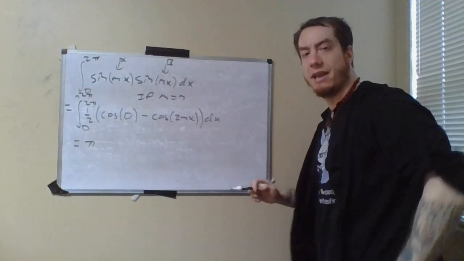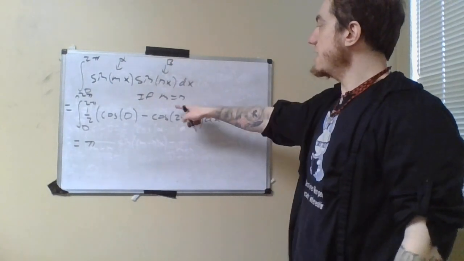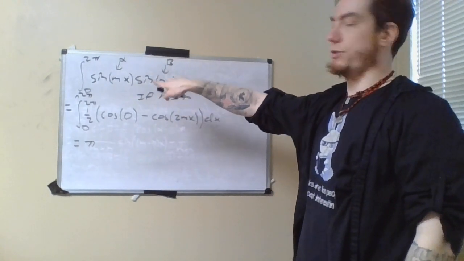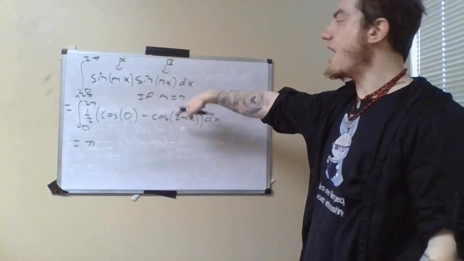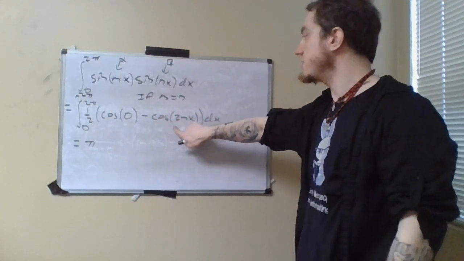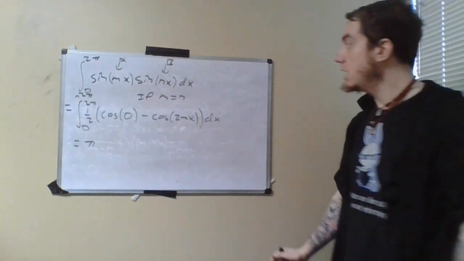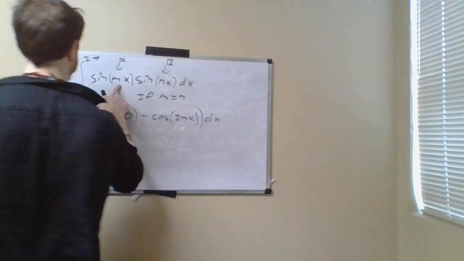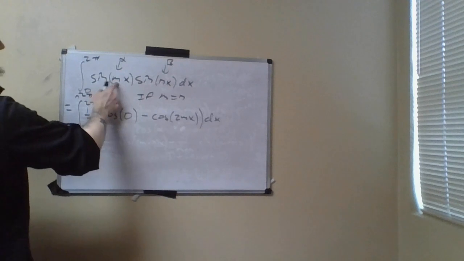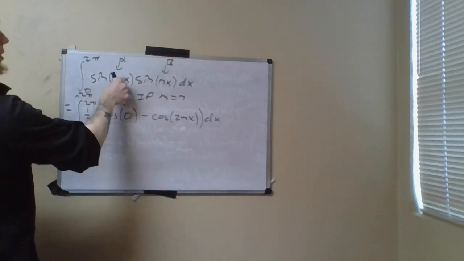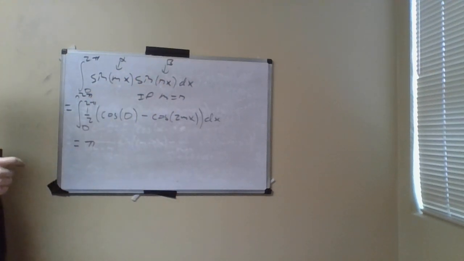And this is a very interesting thing. You can get a similar kind of result if m is equal to negative n, by the way. You just get the opposite sign coming out, because then this is the one that is cosine of 0, and this is the one that integrates to 0. So what we see is that this integral is going to be 0 unless these are equal or the same but with opposite signs.